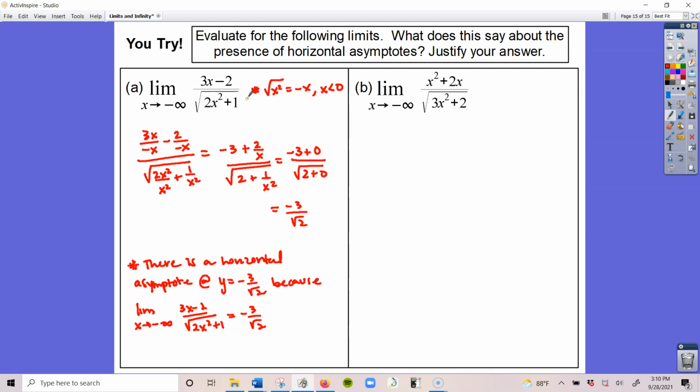Now, if you notice, if we were doing a multiple choice question, we don't need to go through all of this. The highest degree of the numerator is 1. And this is actually also 1 because the square root is an exponent of 1/2. So if you do the square root of 2x squared, that would give us x square root of 2, because I could take out the x since the square root of x squared is x.